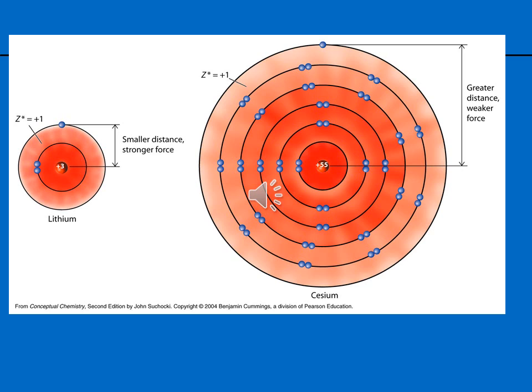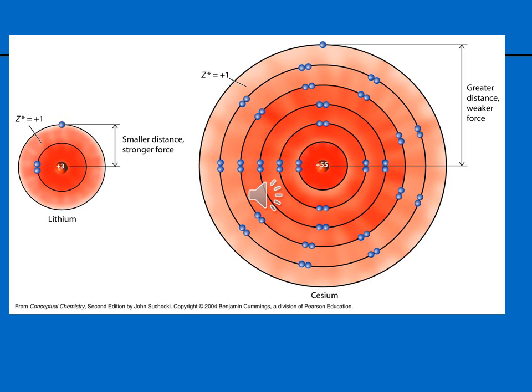Why? Because the number of energy levels in cesium is more than in lithium. As the distance increases, the nucleus can't attract the electrons as well, the attraction decreases, and that's why electronegativity also decreases.